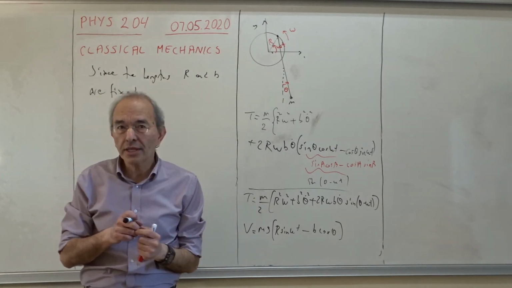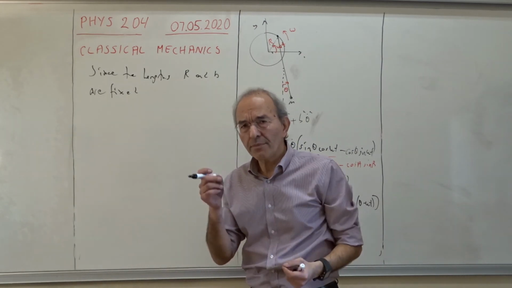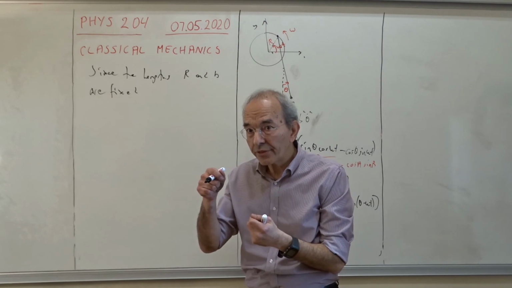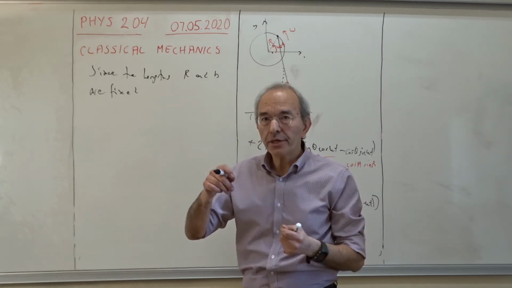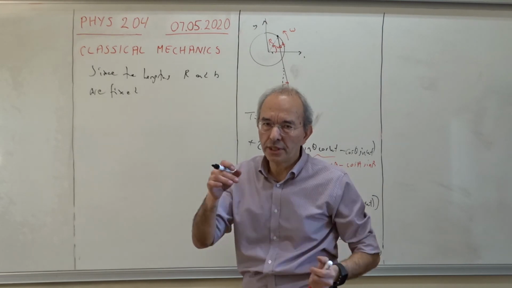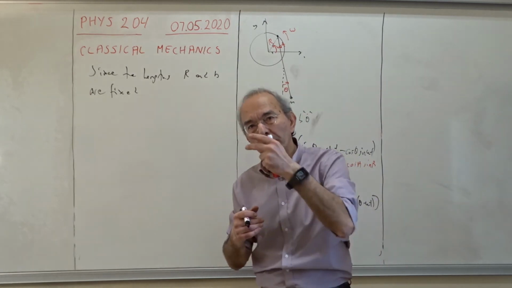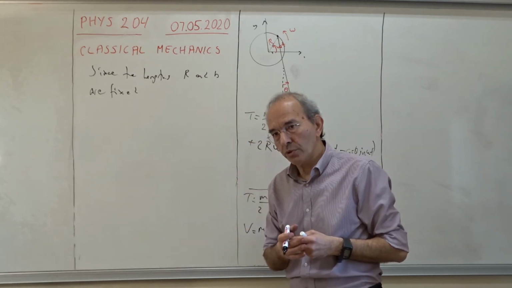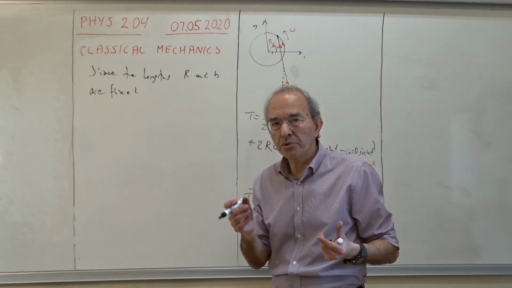If it were something like a string, some elastic object, like a spring for instance, its length would be changing, it would be compressing and elongating, so that we would have to take another derivative with respect to the length of the rope, or of the string, or of the spring.